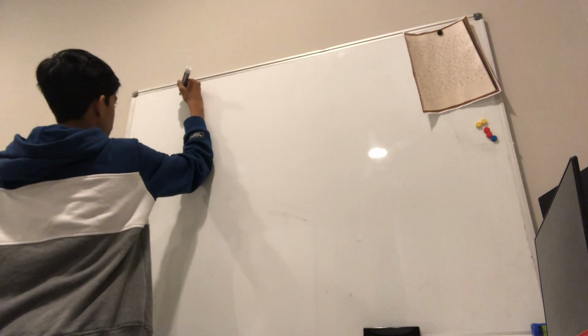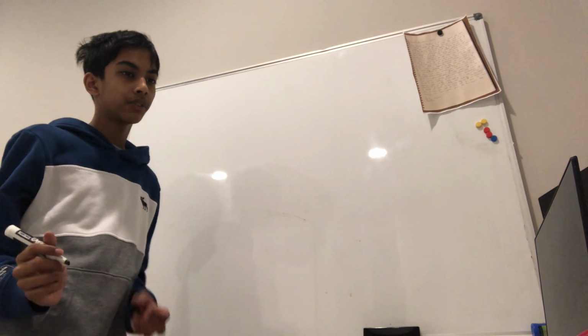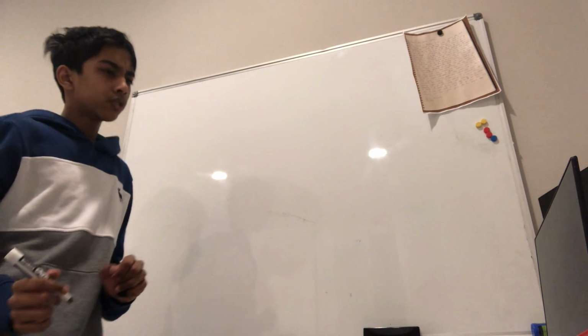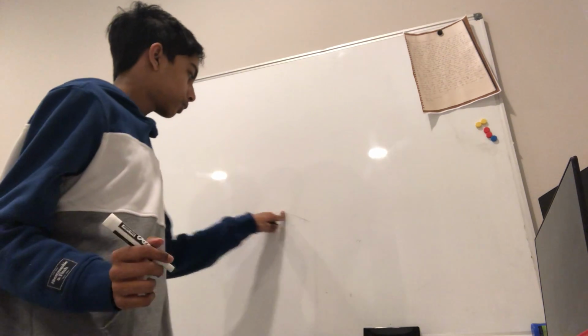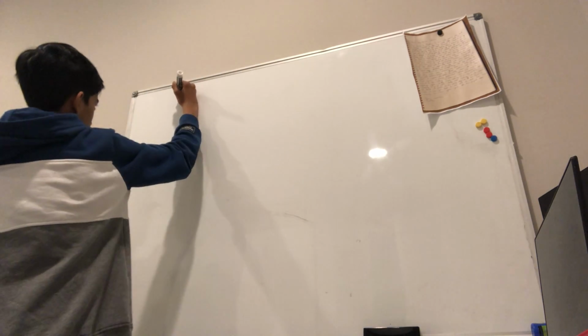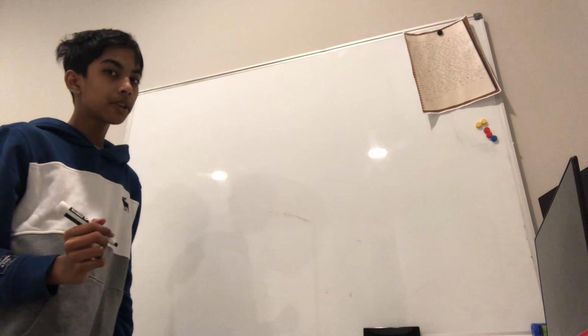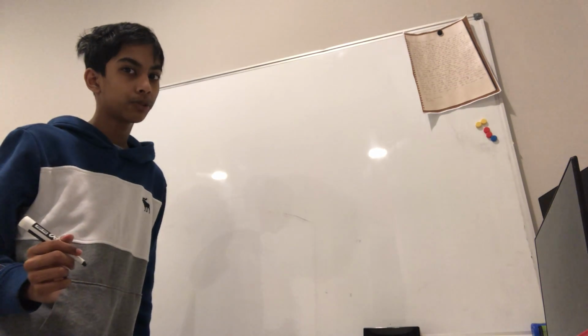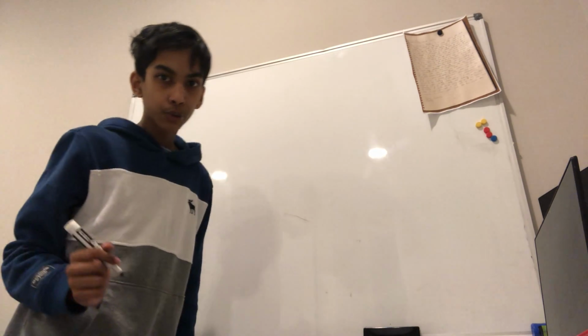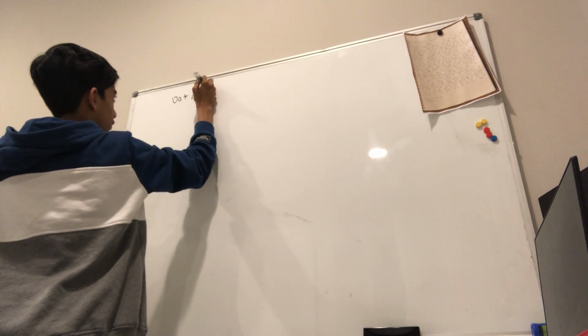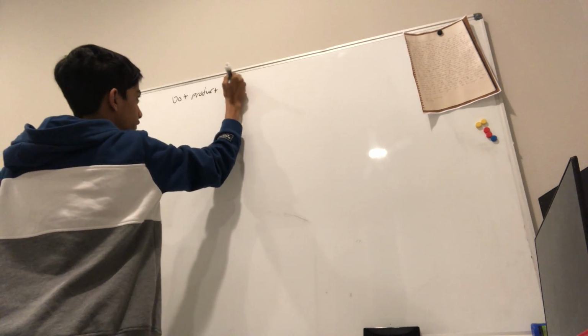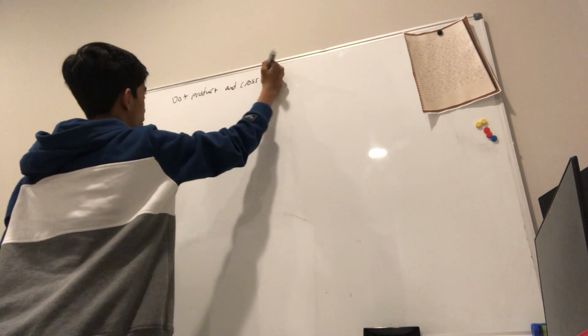So what if we wanted to do multiplying vectors together? So what exactly would that be? Well, what do you think? Well, there's actually two types of multiplication between vectors, which we'll talk about right now, which is the dot product and cross product.